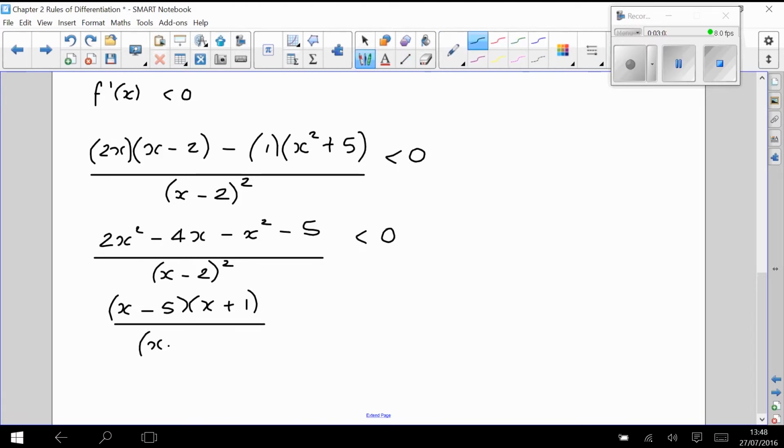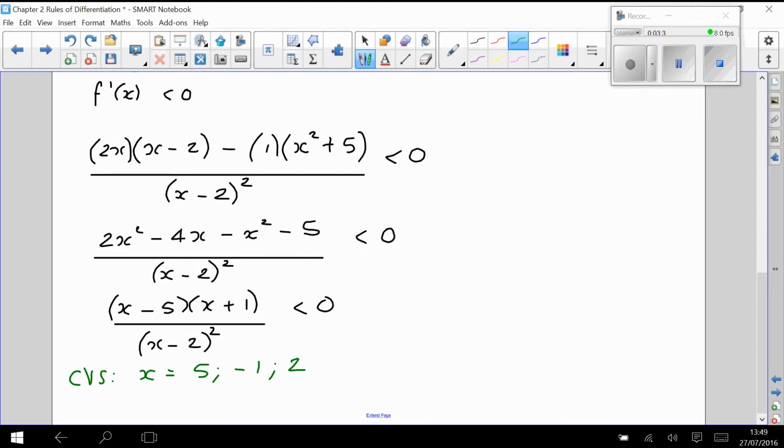You must remember that when you have an inequality, the 0 in the denominator is also critical. As I have now a fully factorized expression on the left-hand side, I'm able to find my critical values. I've got three critical values over here. The first one is when x is going to be equal to 5, then when x is minus 1, and then from my denominator when x is going to be 2.